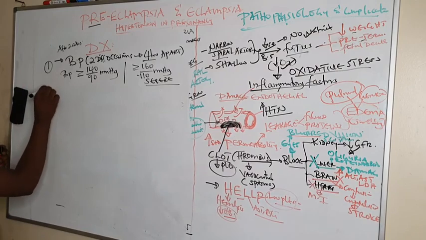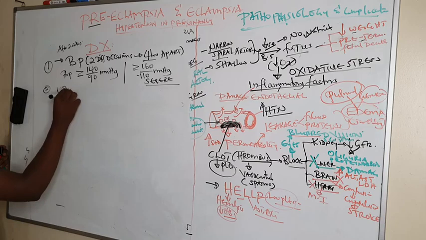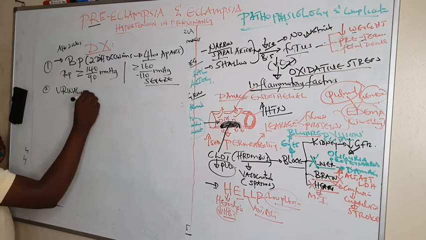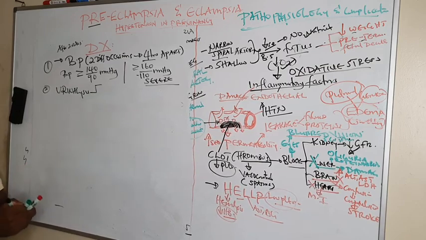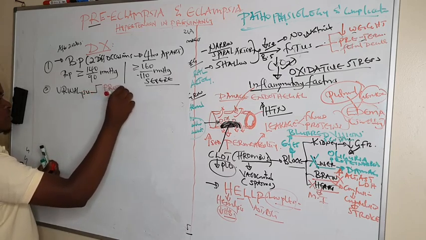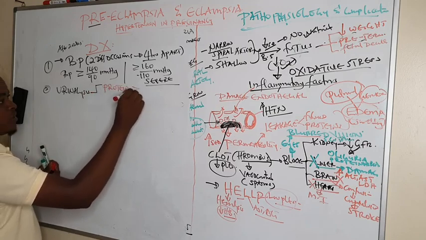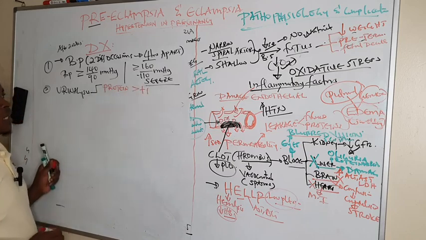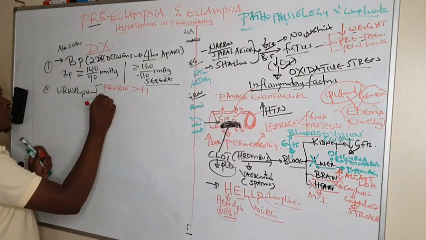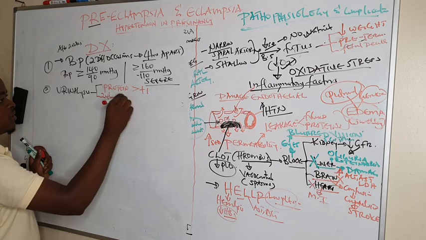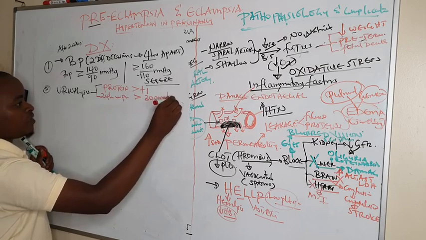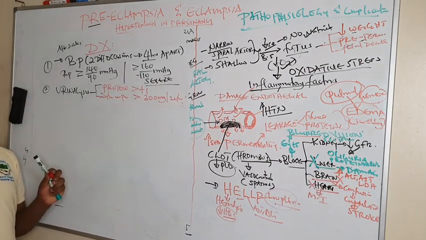The second one, we can do urinalysis. You can request, as a doctor, urinalysis, and one of the things you are interested in is proteins in urine using a dipstick. And if you find proteins in urine greater than +1, this can confirm preeclampsia in pregnancy. Or you can do a 24-hour urine protein. If you find it is greater than 300 milligrams per 24-hour urine, that can confirm.